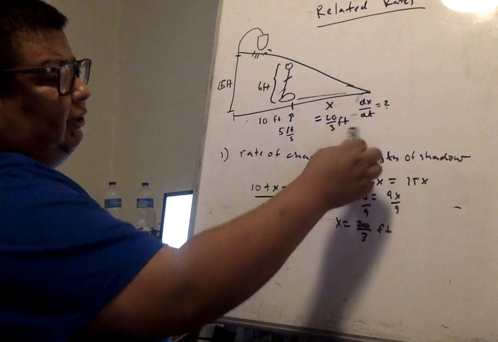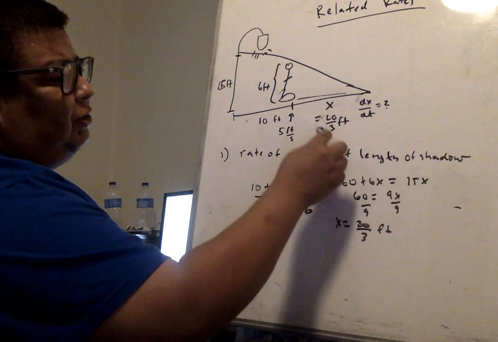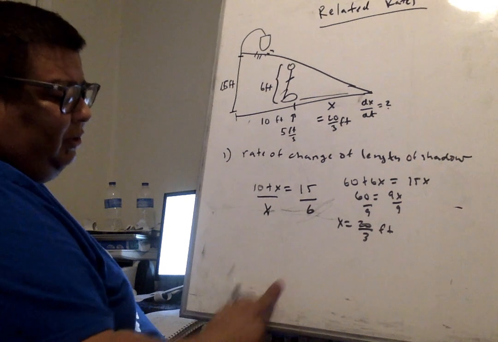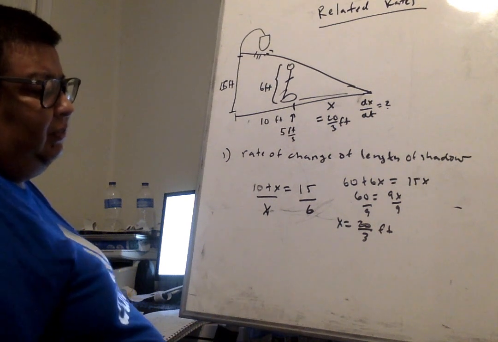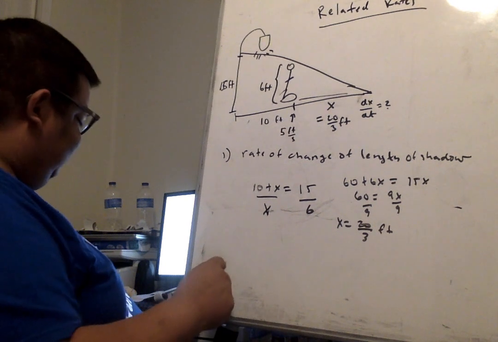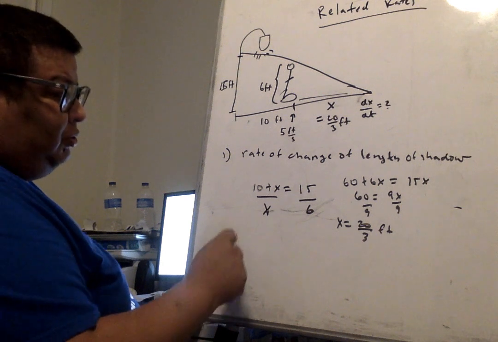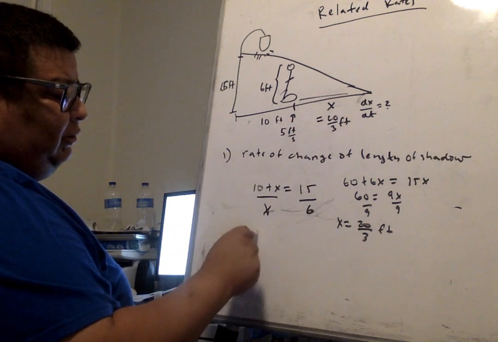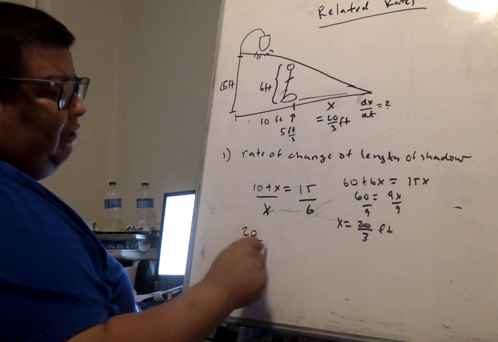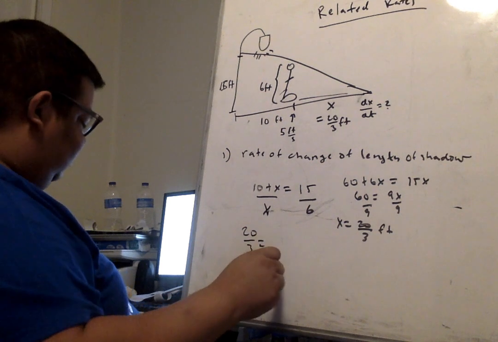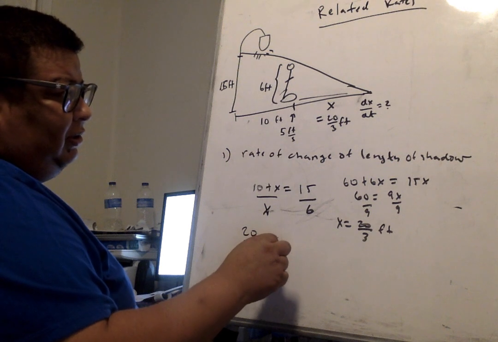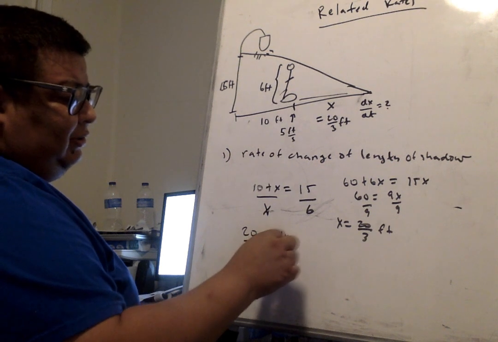Now we need to find the rate of change of the length of the shadow, so the rate of change of x. The way I'm going to do it is by using rates. The length we're looking for, x, is going to be 20/3, and its rate of change is missing, so I'm going to call it dx/dt.